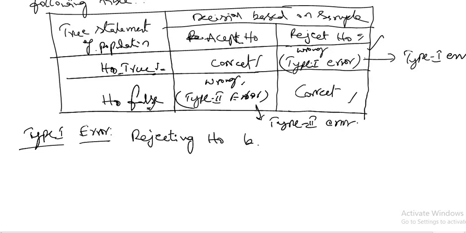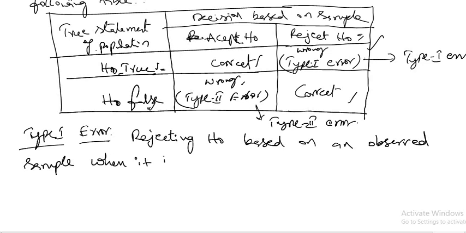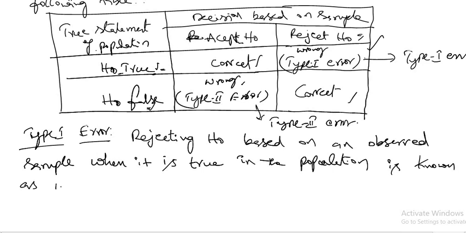Rejecting H naught based on an observed sample when it is true in the population is known as type 1 error.